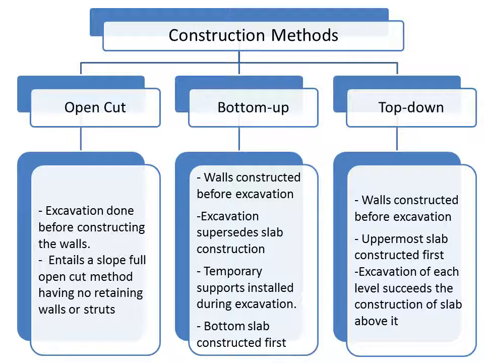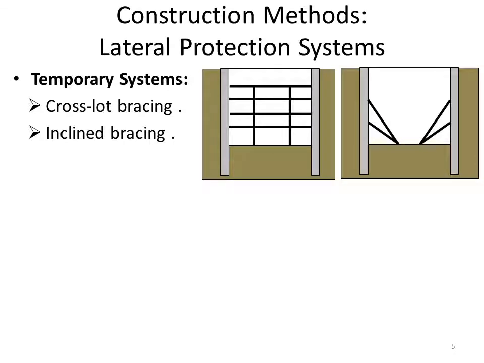From this story that I am talking about, you will understand that the top down will not need side supports because the slab is already acting as a side support, and it is the fastest of all of them. However, you are working in a little bit congested area.